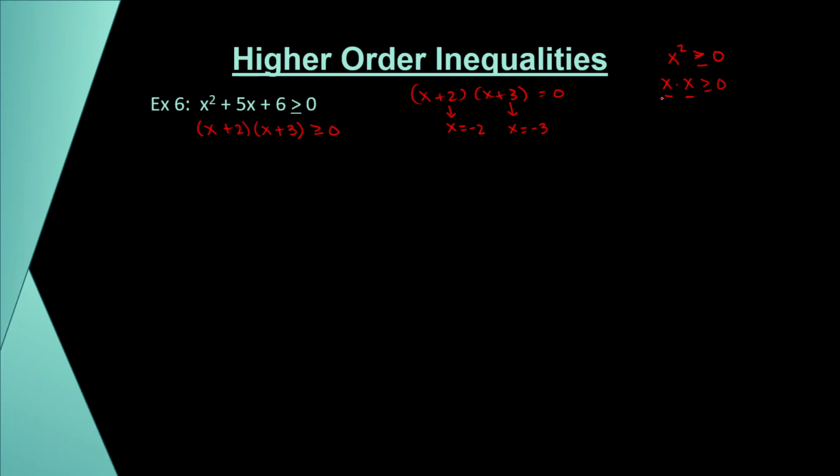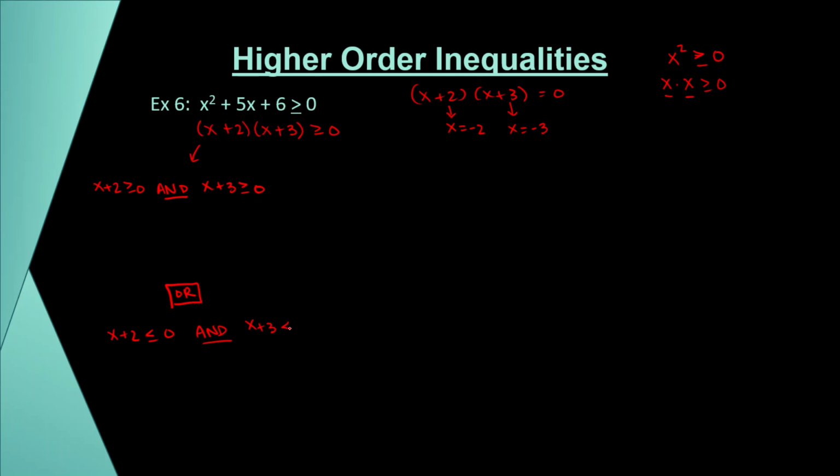But I can't get a positive times a negative to get a positive. So what this really means is that either x plus 2 is positive and x plus 3 is positive, okay? Or they are both negative.